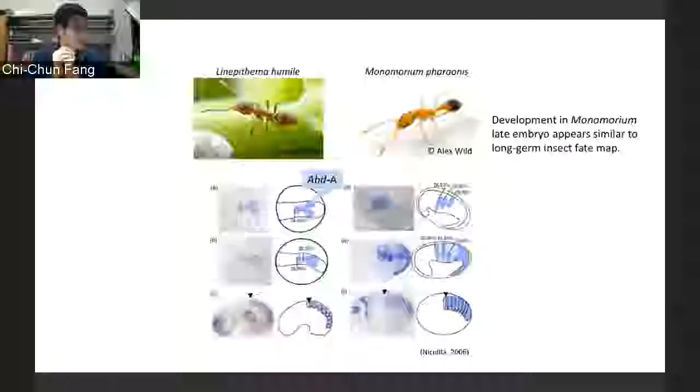And there was a paper back in 2006, and they show some footage of the embryo development of two ants. The left-hand side, this one is Argentine ants, which is a huge pest, and this one is the Ferroni ants, also a pest, and it's quite common.